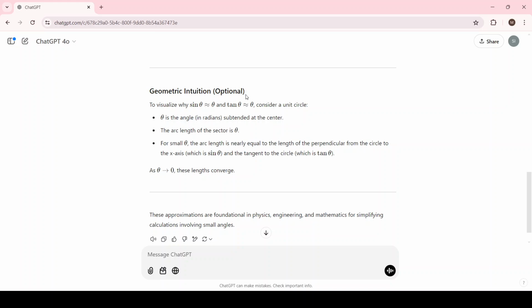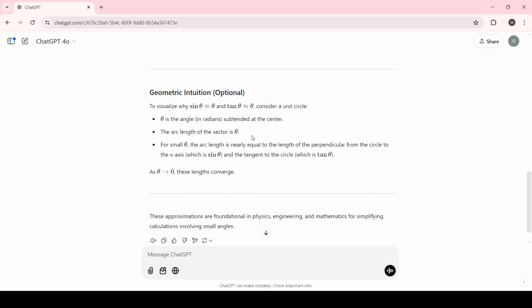So I would question the use of the word optional in brackets. In a sense, everything's optional, but I wouldn't go so far as to say the geometric intuition comes first, but I think it is a bit more fundamental, and available to people earlier in their mathematical education. So I actually question that word.